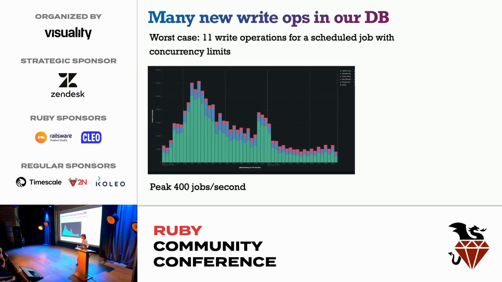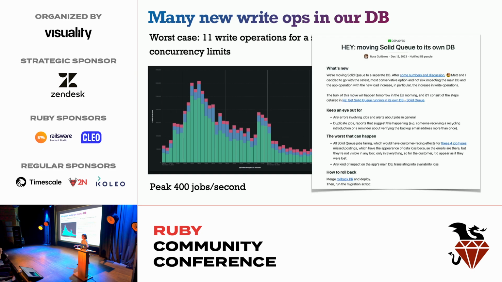At the time, we were using the same database as our app database. All our stuff was in the same database as the main app tables. So we decided, okay, we cannot run this write load together in the same database as our main app. So we moved Solid Queue to its own DB.